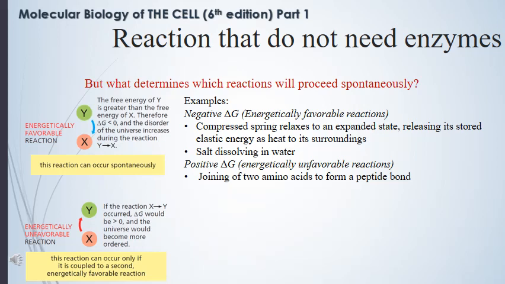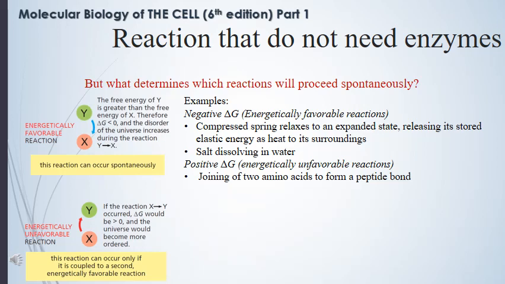So the free energy of Y is greater than free energy of X. Therefore, the free energy change, the delta G, it's universally known as free energy change, delta G is less than 0. So let's look at the analogy of a spring to visualize what a negative delta G, or an energetically favored reaction, is.